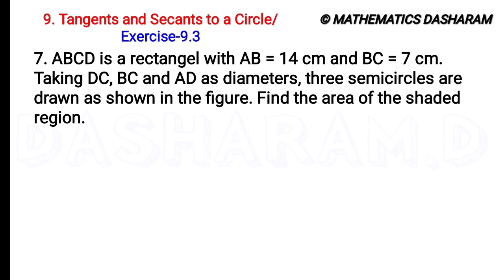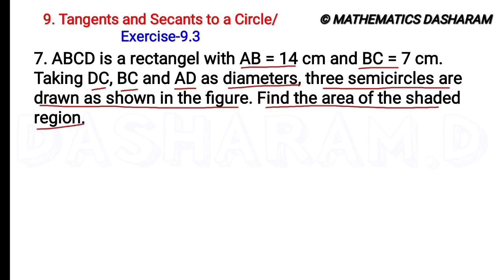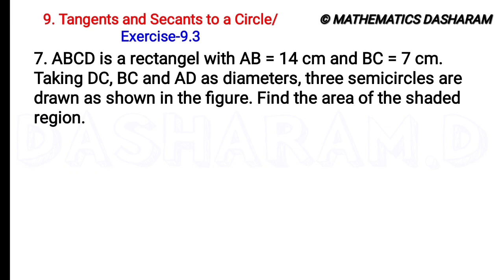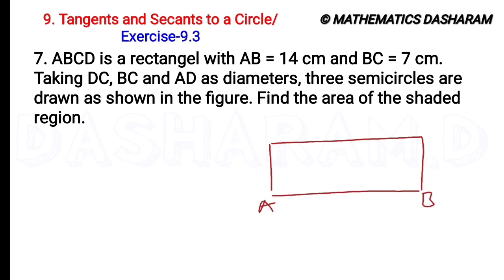Next, the 7th question. ABCD is a rectangle with AB 14, BC 7. Taking DC, BC and AD as diameters, three semicircles are drawn as shown in the figure. Find the area of the shaded region. First of all, ABCD is a rectangle, AB 14 centimeter, BC 7 centimeter.